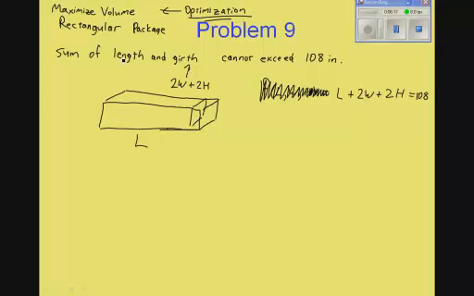Okay, so we're optimizing. So how do we maximize the volume? Well, we need to write a function for volume, and of course volume, well, I guess volume equals length times width times height. Right? Of course, now volume is a function of 3 variables, so I'm kind of beyond what I'm supposed to do in this chapter. Although you can do everything the same, just that your matrix of second partial derivatives is 3 by 3, and it all works. Okay, but that's not what we're going to do.